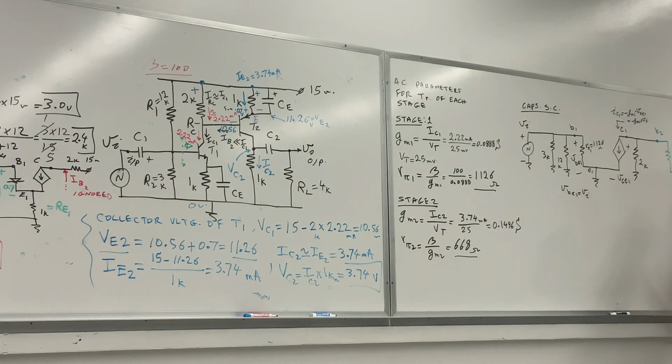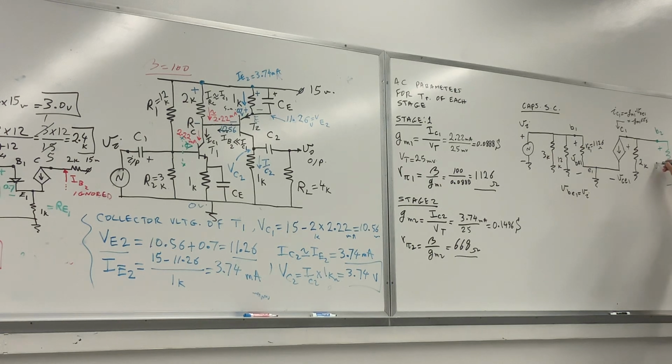E2, imagine, straight to the ground, although it goes through that capacitor, but it's considered ground, no signal. Then goes to another current source, here, arrow, and guess what?